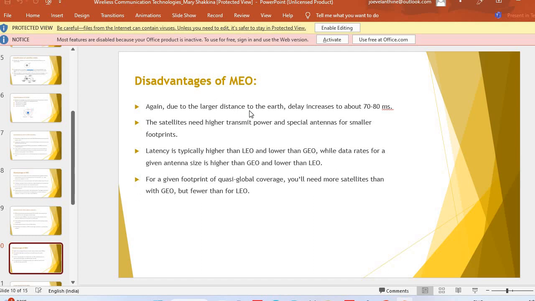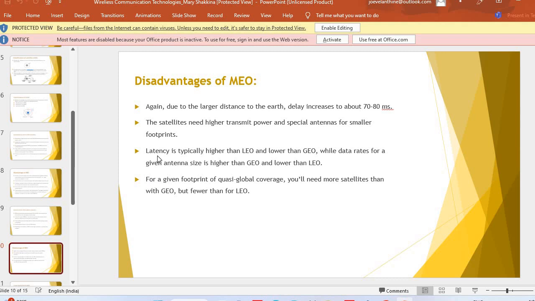Again, due to the larger distance to the earth, delay increases to about 70 to 80 milliseconds. Next, the satellites need higher transmit power and special antennas for smaller footprints. Like GEO satellites, MEO also require higher transmit power.